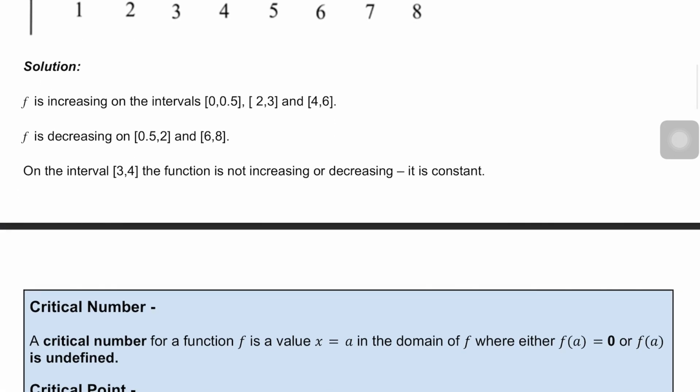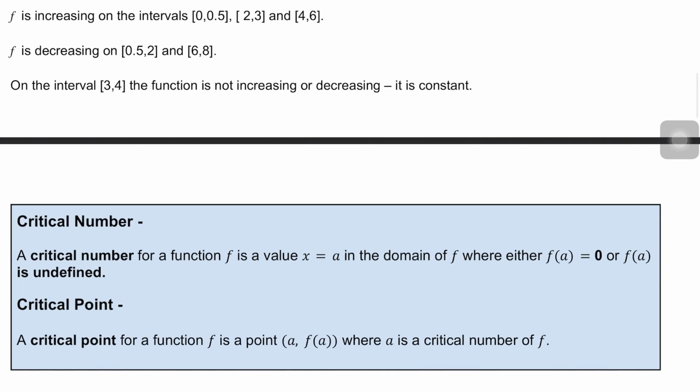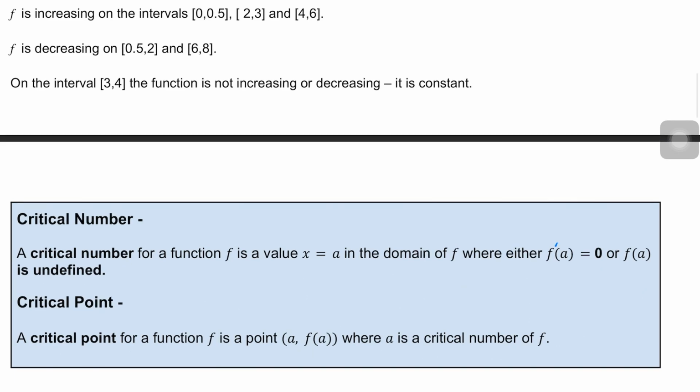What we're gonna move on to here is what it means to be a critical number. A critical number is the value where the derivative of the function is 0. So here you're supposed to have a prime there.